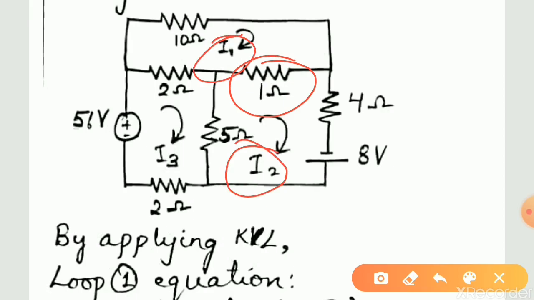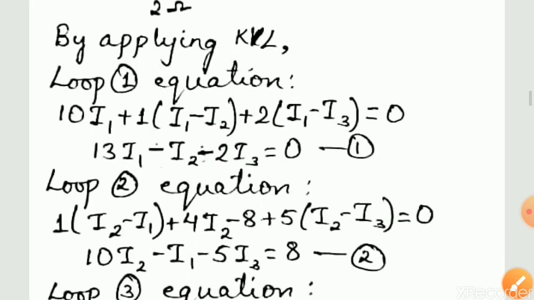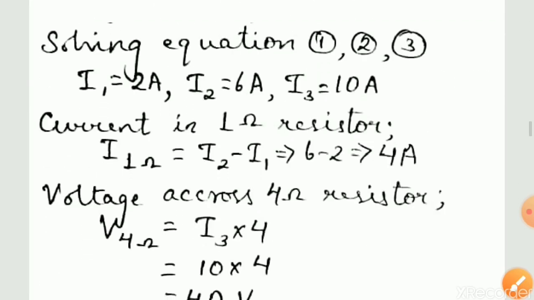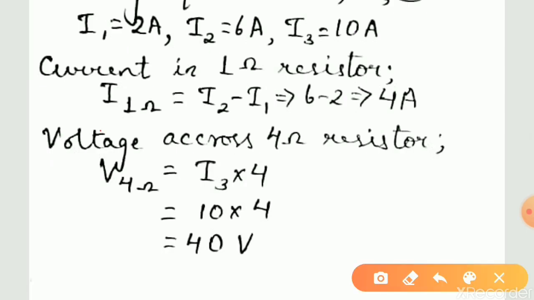The difference in the two currents, that is I1 minus I2 or I2 minus I1, gives the current flowing through the 1 ohm resistor. We have a difference of 4 amp flowing through the 1 ohm resistor.